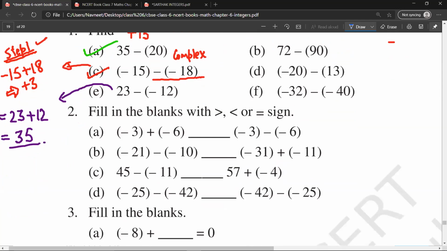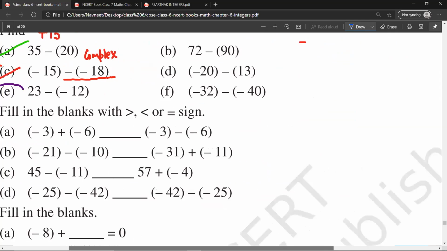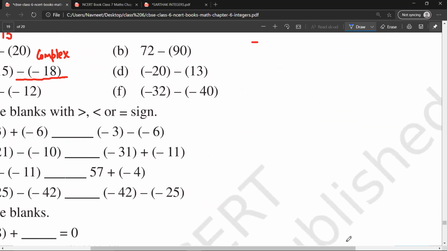Okay. So Mr. Sarthak, for part F, step 1, what should I write? -32. Shabash. Plus 40. Shabash. I can say that there is an invisible positive sign outside.